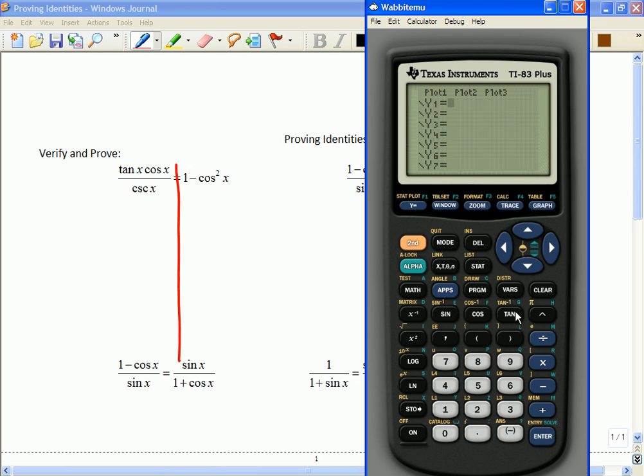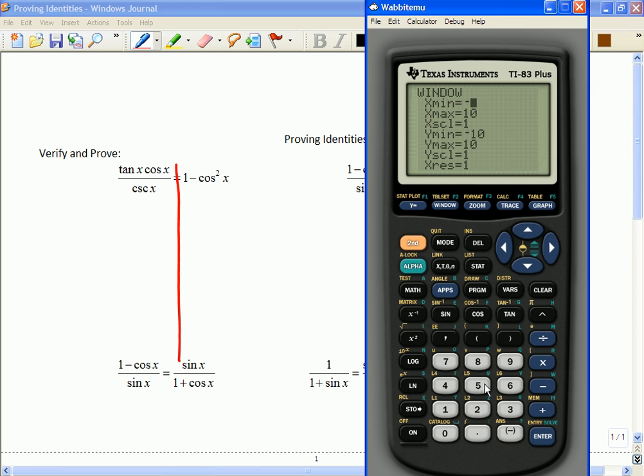You could go and plug in the equation as tangent of x, cosine of x, and we're dividing it by the secant, or sorry, cosecant. Well, I guess I could have picked a little bit better of a window, but just zoom in a bit here.